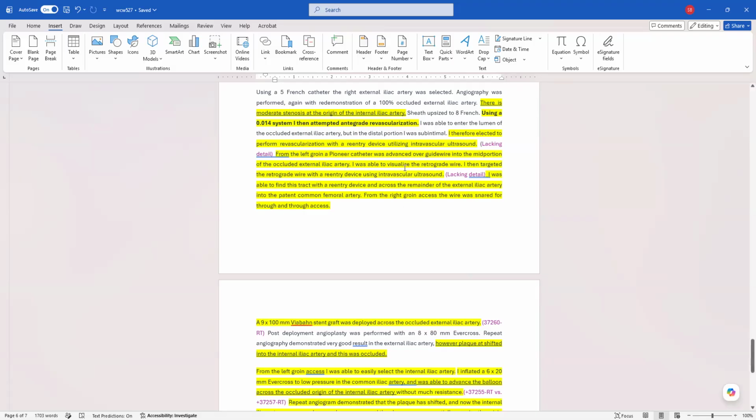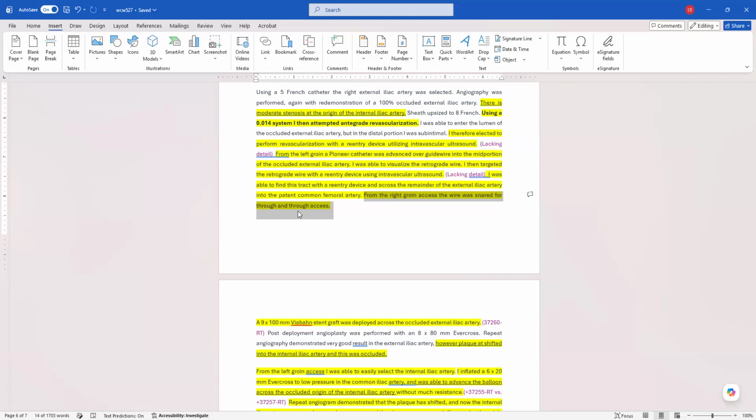Now, the physician's last statement here is that it was a through and through access. So both access sites are being utilized for the intervention. When both access sites are being utilized for the intervention, all your catheterization work is going to be bundled. If you remember from our rules and conventions for coding these procedures, if you have two separate sites of access and one of them is used for diagnostic angiography and one is used for the intervention, then you can code for the catheter through the access where only diagnostic imaging was done.